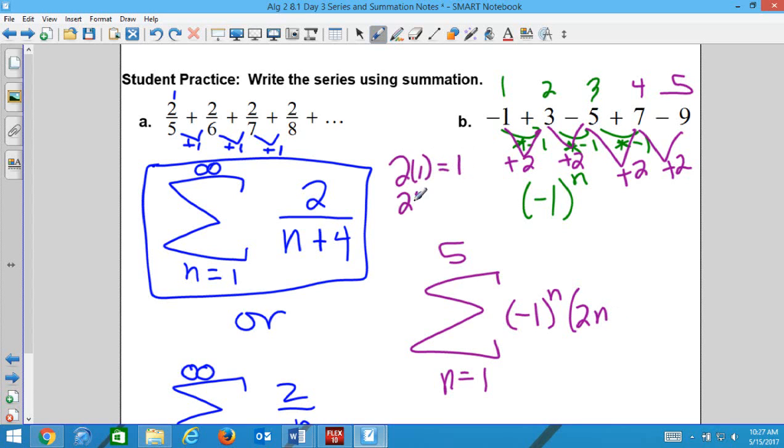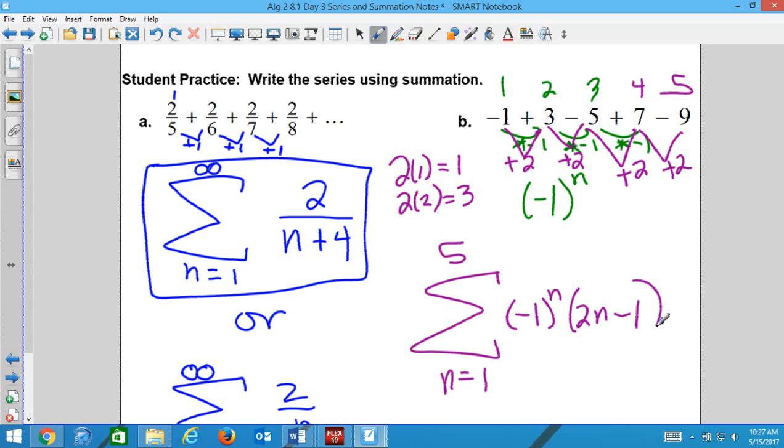How do I plug in 2 times 2 but get out 3? What do I have to do to it? Minus 1. So I'll have 2n minus 1 as the rest of my formula. I put those in separate parentheses because you have to have both of those answers, then multiply them together. So it's the same stuff we were doing yesterday, you just have a fancy symbol in front.